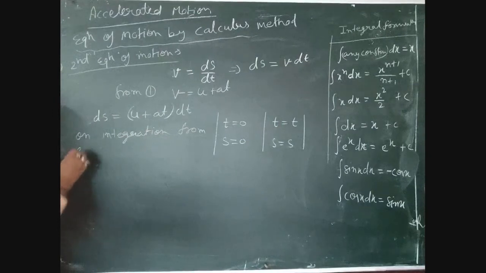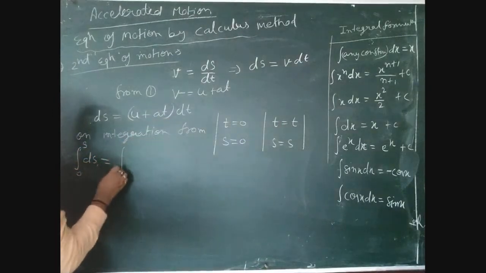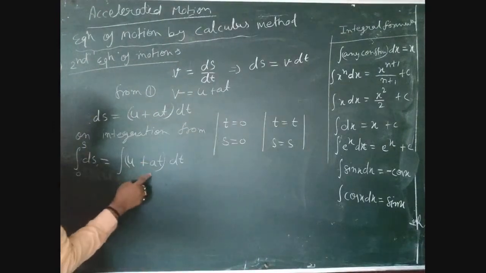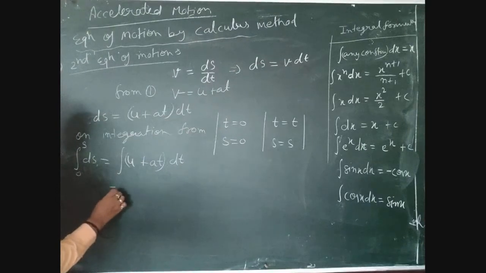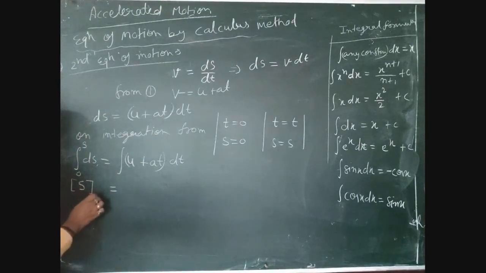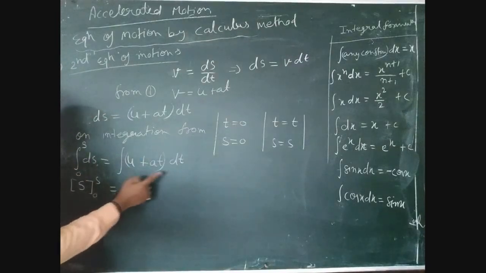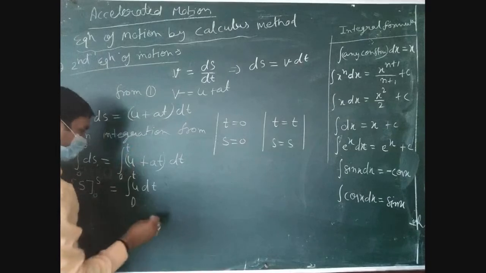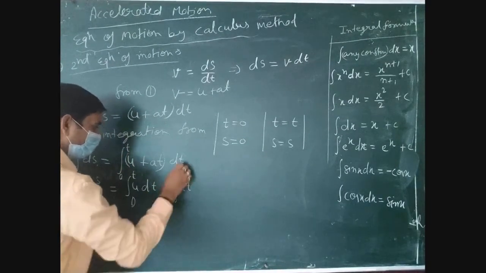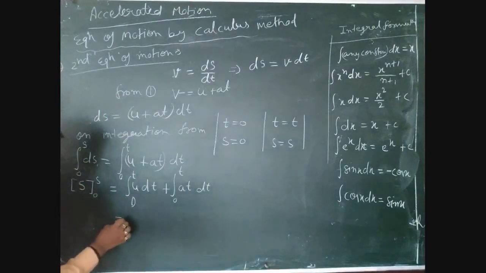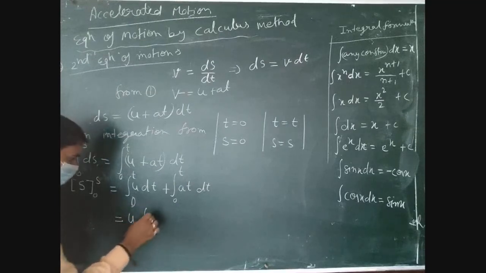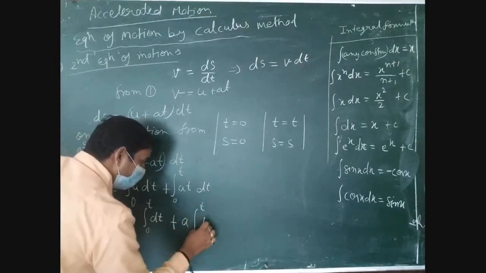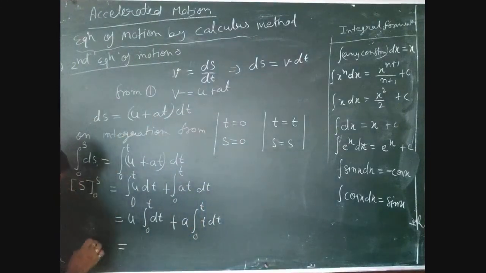Therefore, integration from 0 to s of ds is integration of u plus at dt. Now this dt is multiplied individually first, so we get u dt from 0 to t plus at dt from 0 to t. Here u is constant, and a is constant.